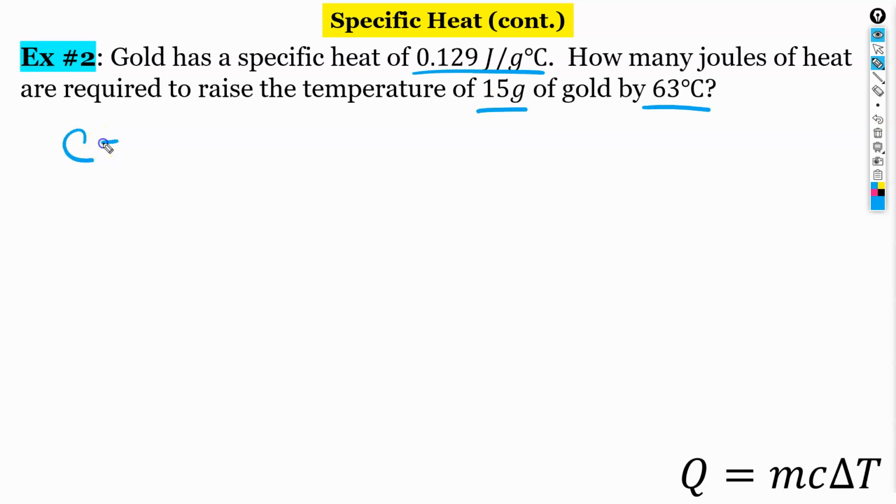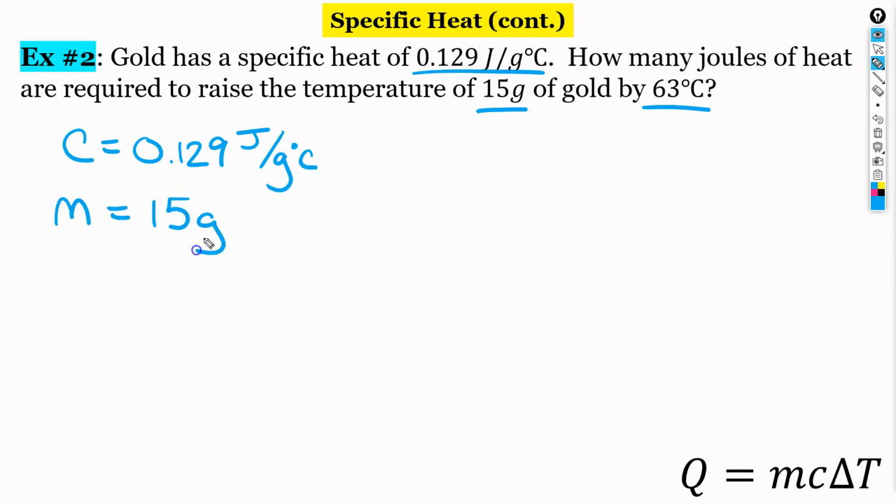So we've got, let's see, a specific heat value of 0.129 joules over grams degrees Celsius. Our mass is 15 grams, and our delta T value, so our temperature is being raised by 63 degrees Celsius.